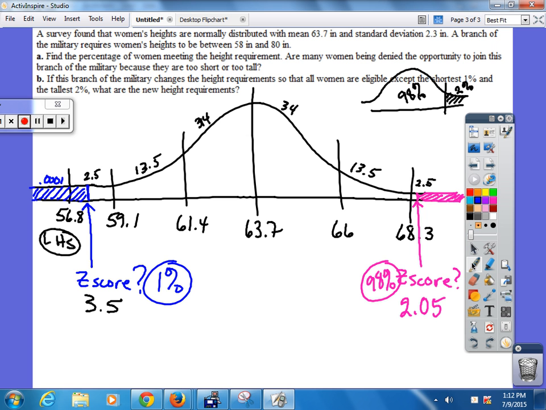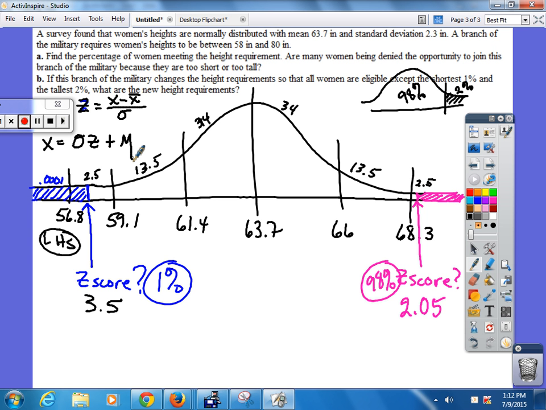Now, remember our two formulas to find a z-score: z equals x minus x bar over standard deviation, or x is equal to sigma z plus mu.